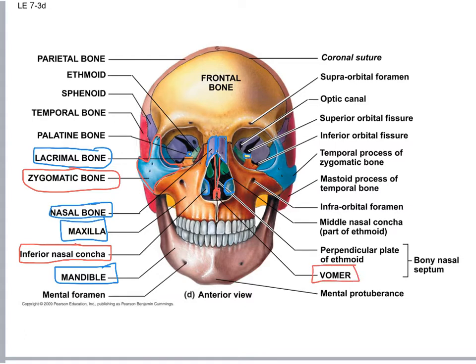The vomer is not on your lab exam, but I mention it because together, that perpendicular plate of the ethmoid and the vomer, they both create that bony nasal septum. So you've heard of people that have had deviated septums, right? This is the bony nasal septum that's created by these two bones.